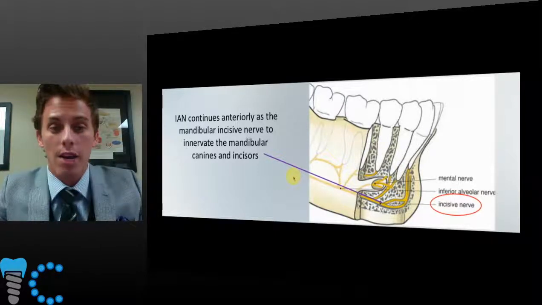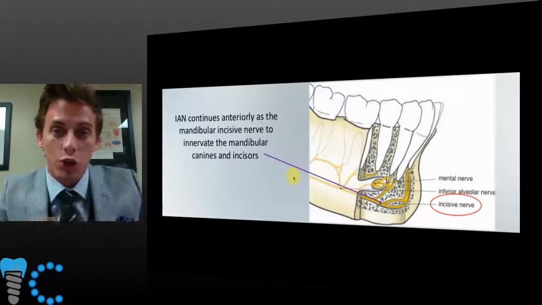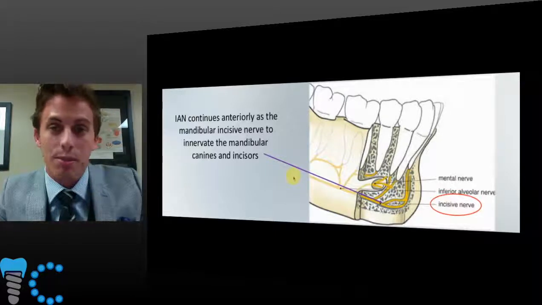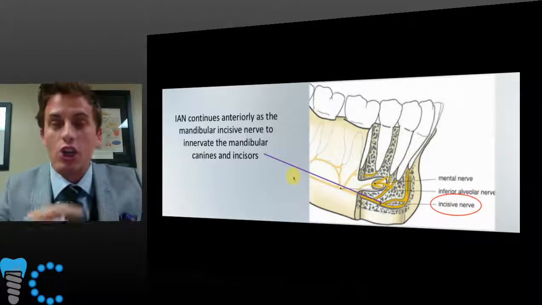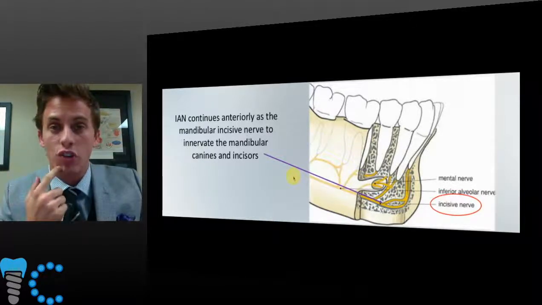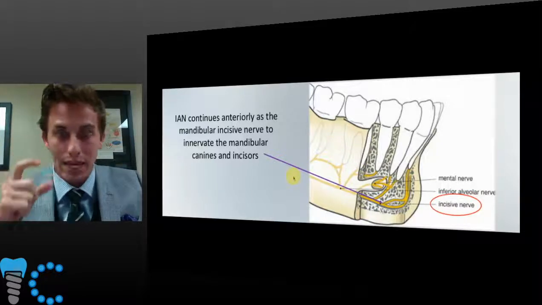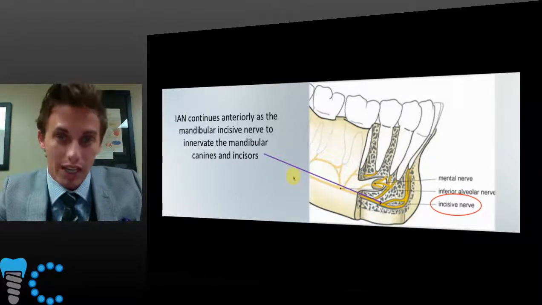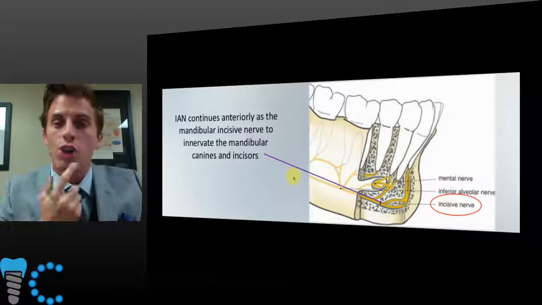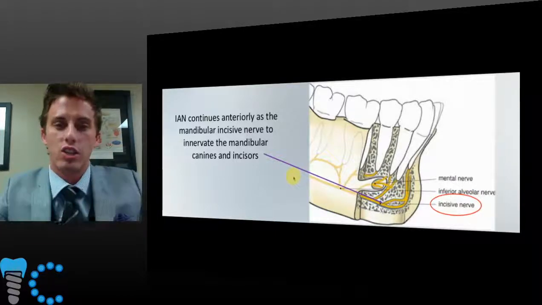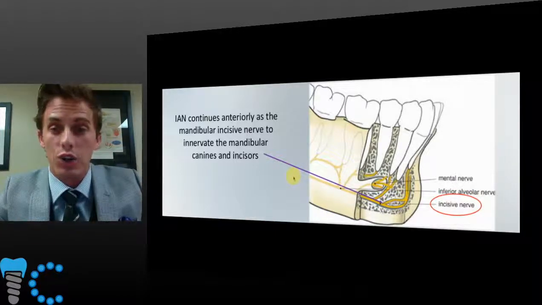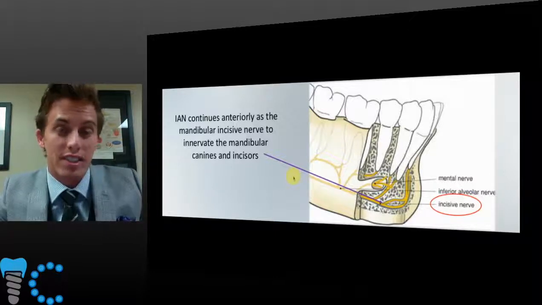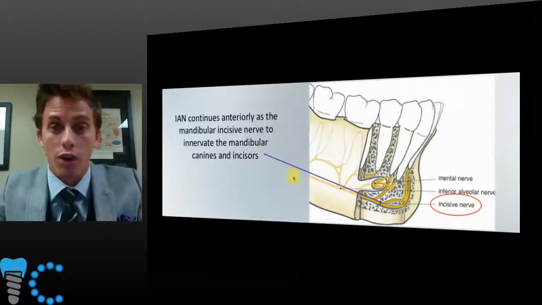So what a lot of people aren't familiar with is that if you're going to place implants in the mandibular anterior region, you have to watch out for this nerve, because if your implants impinge on that incisive branch or that canal, you'll cause sensation changes in the anterior, and it's really hard to see this canal on films, but it's there.